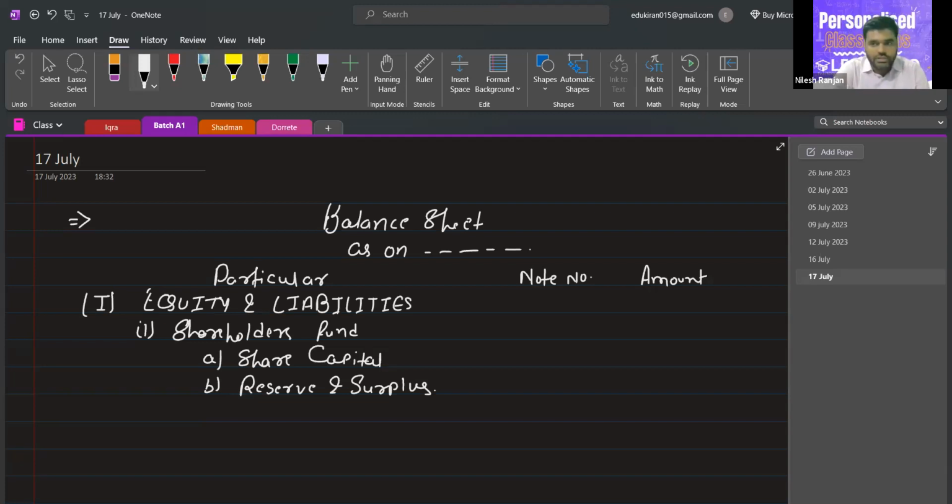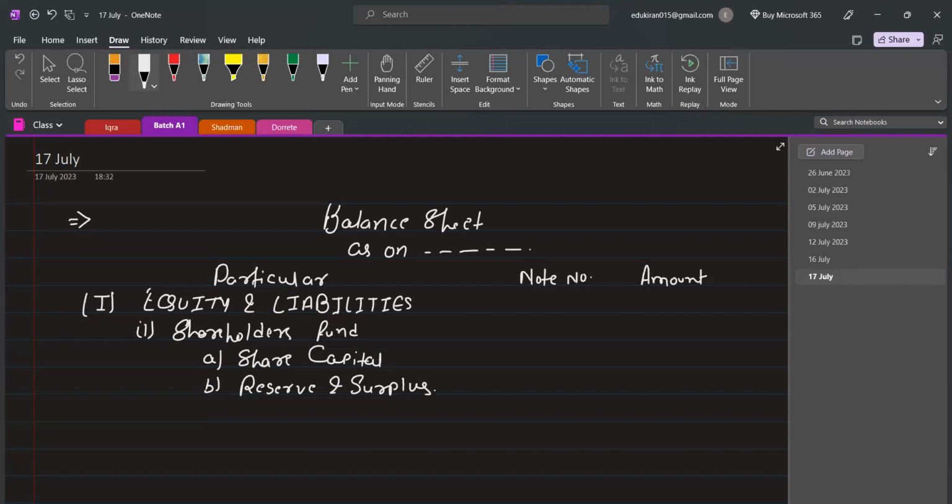That's why it is called general reserve. So it is for future uncertainties. But when we say workman compensation reserve, or investment allowance reserve, these kinds of reserves are related with some specific objective. So that's why these are certain. Okay.